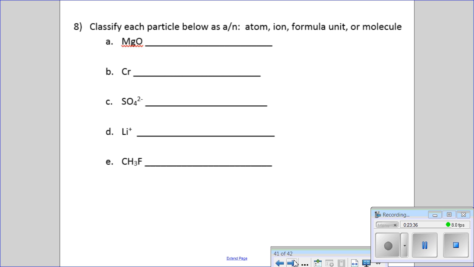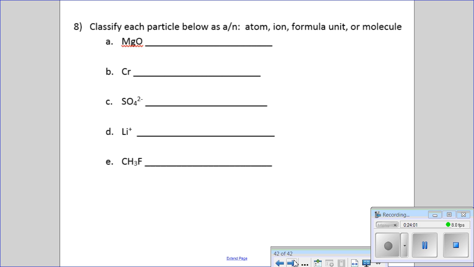Formula unit is the simplest unit of an ionic compound, so you're going to look for metal, nonmetal, or metal, polyatomic ion. And then molecule is going to be nonmetal atoms bonded together with no charge. The only charged things in this list are your ions.